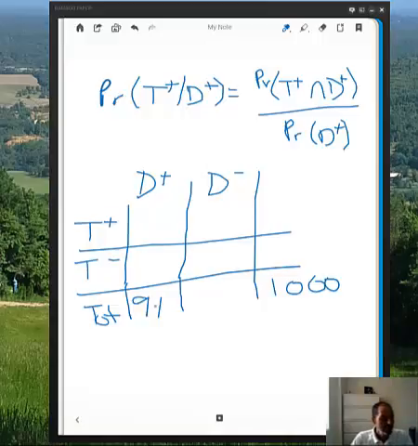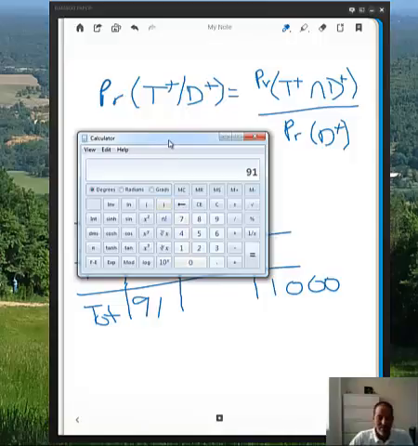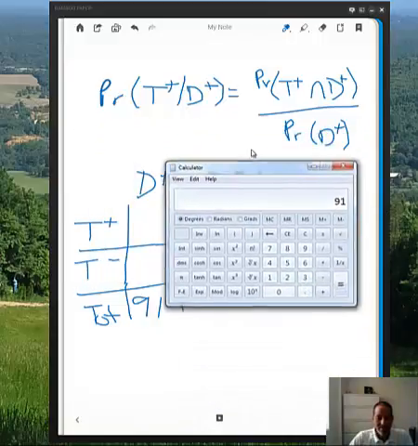Let's see, what else do we know? We know that our sensitivity is 0.75. That means among people who have the disease, the test was positive 75% of the time. So we can figure this value out as well. This is kind of fun stuff to do, believe it or not. I know you might not think it's fun, but I think it's fun.